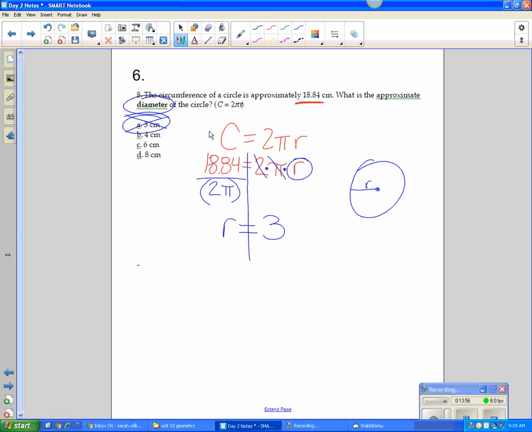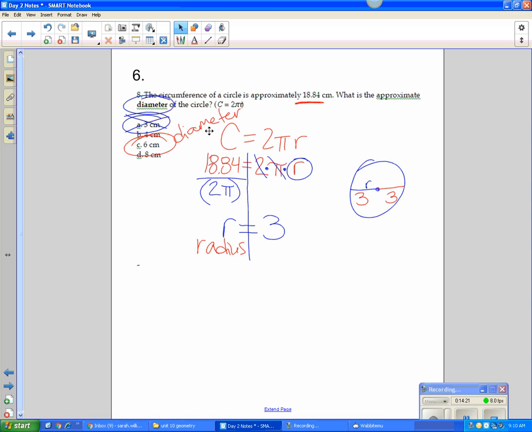It says, what is the diameter? We just found the radius, which is 3, okay? If this is 3, then how much is this? 3. And what's 3 plus 3? So the diameter is C.